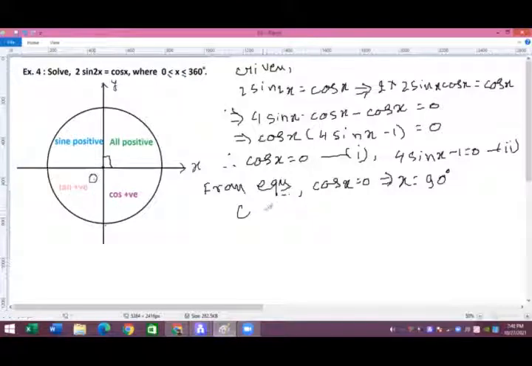Here in the third quadrant, cos of 180 plus 90 degrees, that means we are almost here.